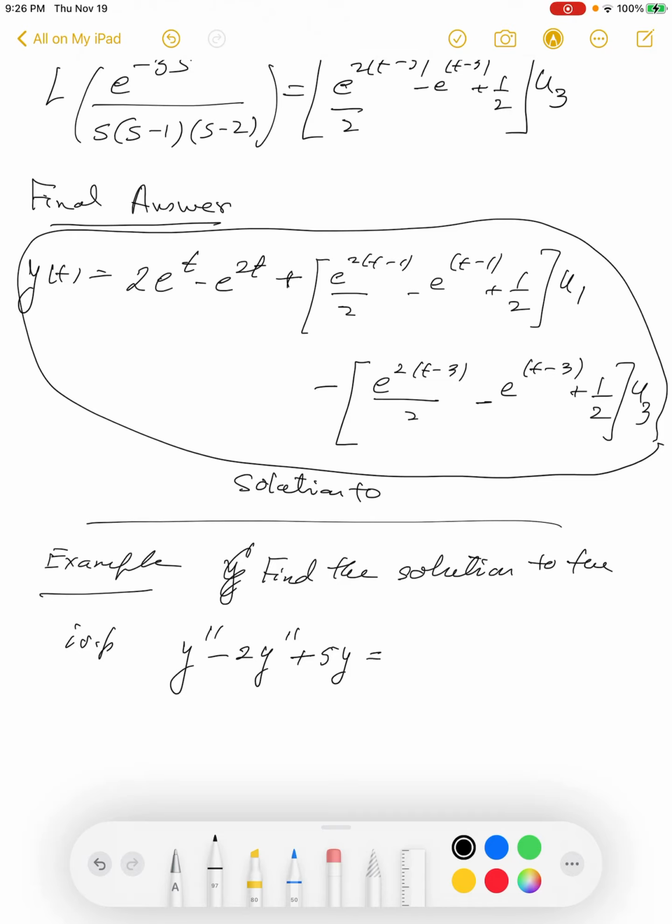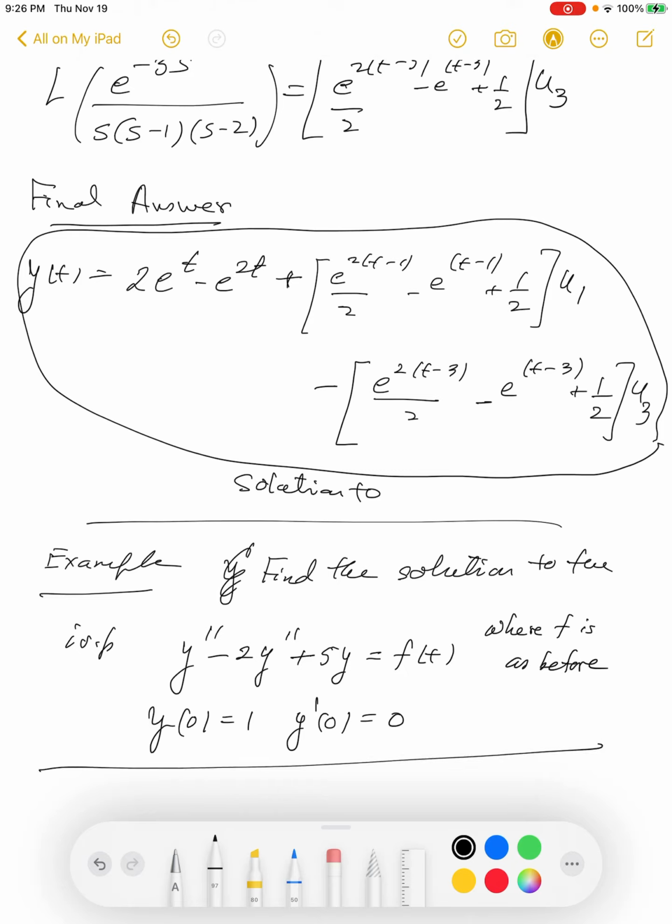That will give you something which is not factorizable, and where f(t) is as before, and let's take the initial conditions also as before. So this is for you to do.